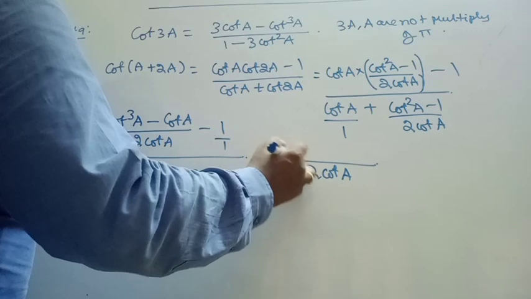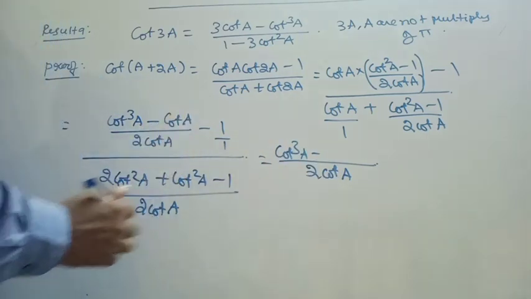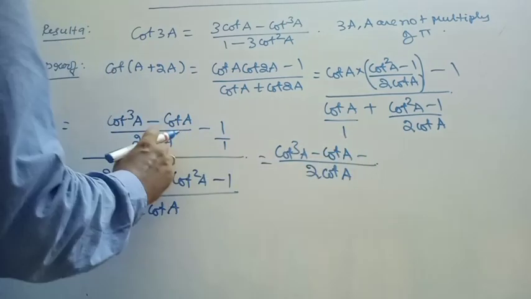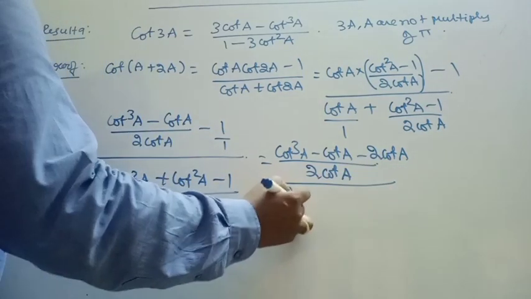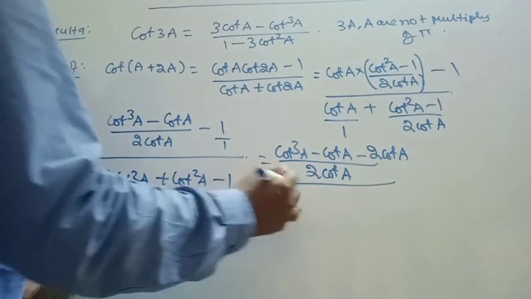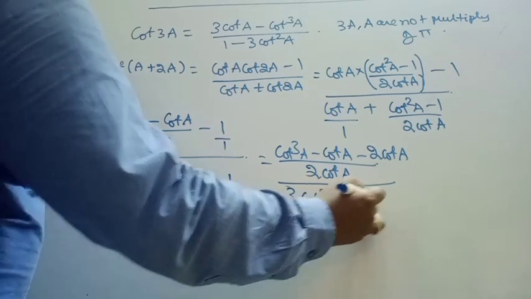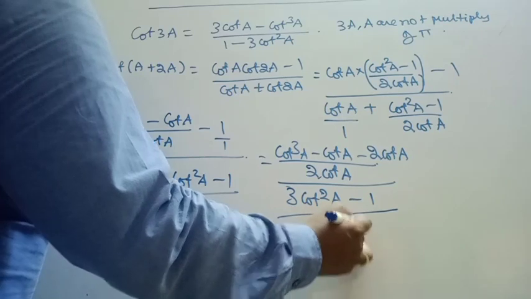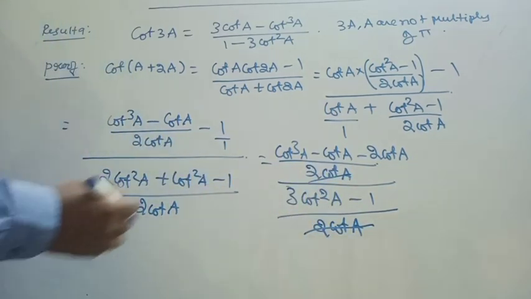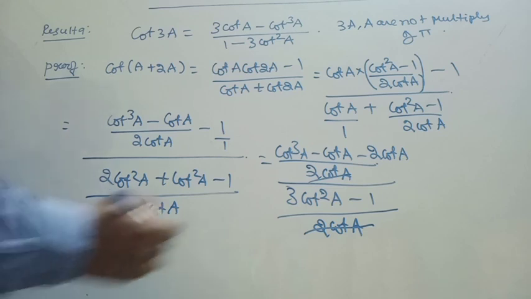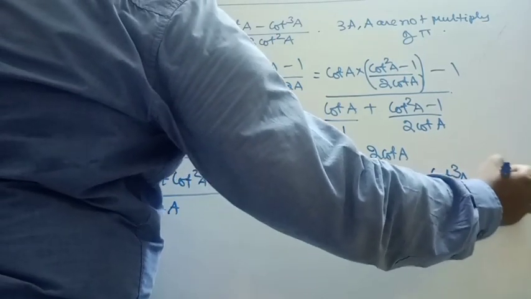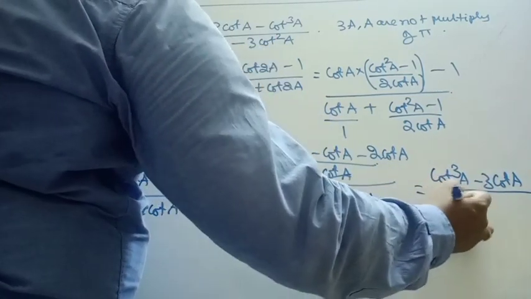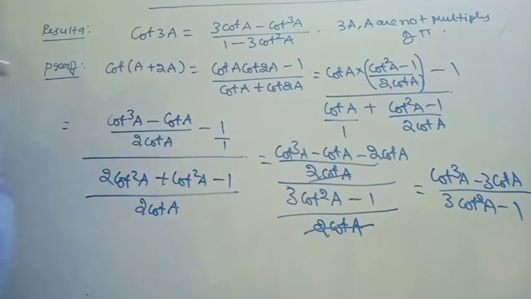That is nothing but cot cube A minus cot A minus 2 cot A, all by 2 cot A, divided by 2 cot square A plus cot square A, that is 3 cot square A minus 1, by 2 cot A. That means we have got cot cube A. See my dear students, what we have got here: (cot cube A minus 3 cot A) by (3 cot square A minus 1).